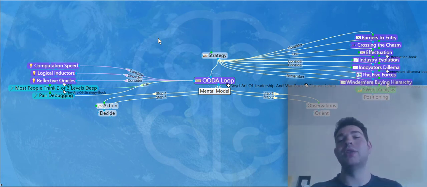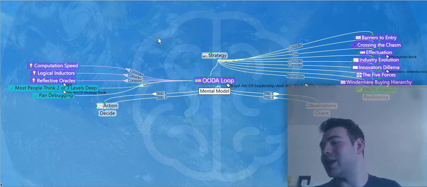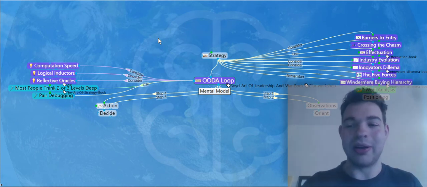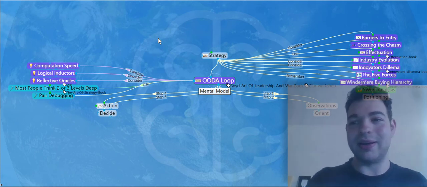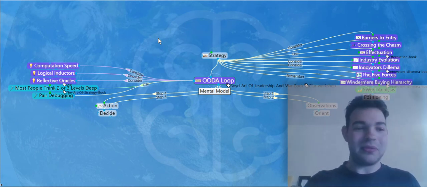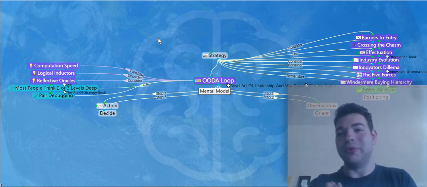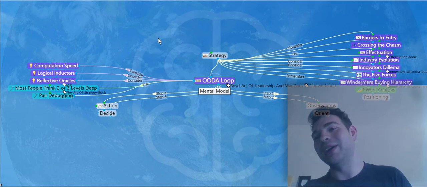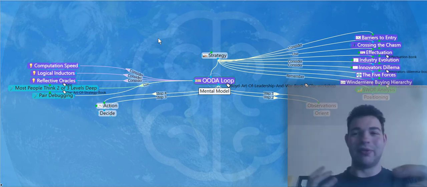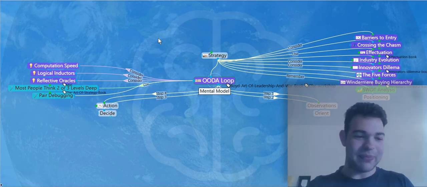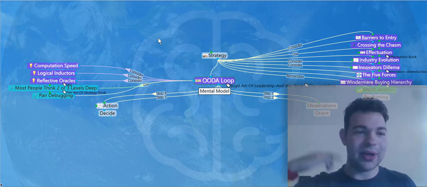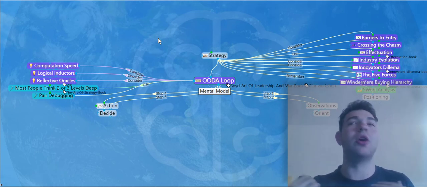And then we've got logical inductors. Logical inductors start to take into account computation time, where I don't know all the facts, and I have to take some sort of balance between computing what I want to know and taking what I know right now.